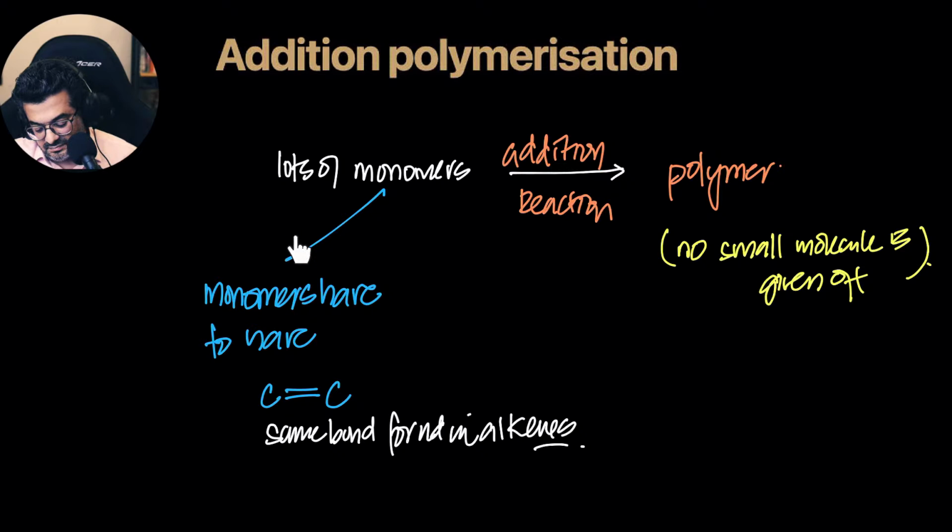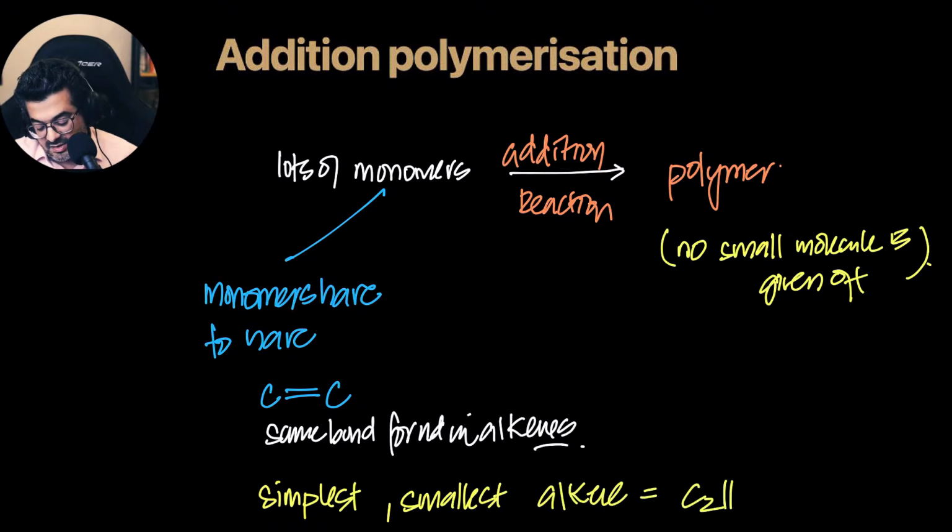All right, that process is called addition polymerization. Now I'm going to take the simplest alkene. If you remember, the simplest, smallest alkene is ethene. So I'm going to take that and make polymers out of it. Alright, let me scroll down.